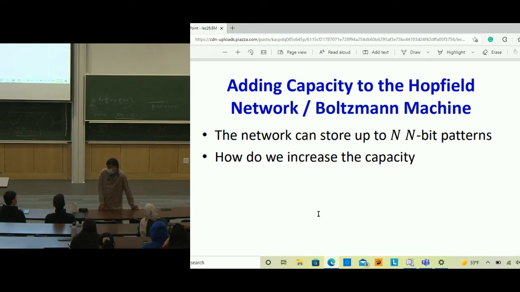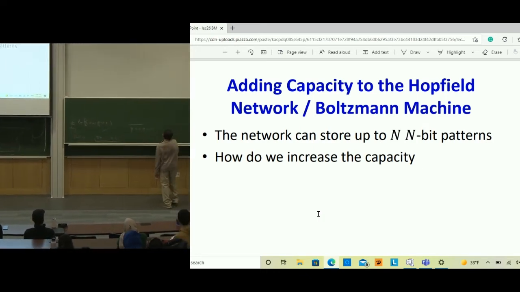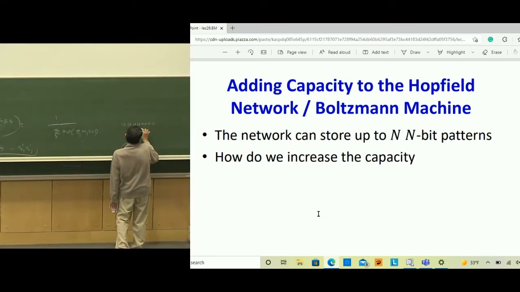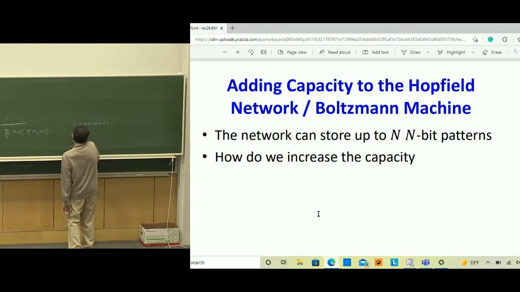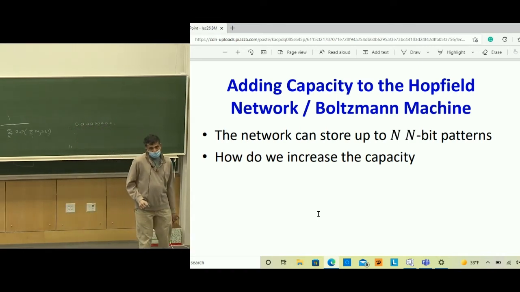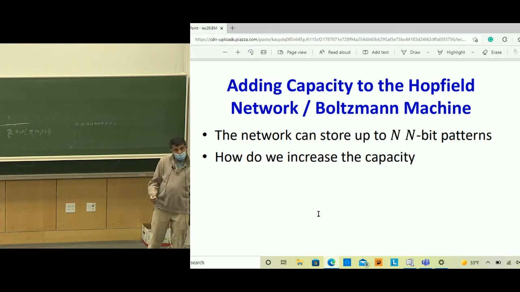Pardon me? I can just pad them with junk, right? So if I want to store 10-bit patterns, I have these 10-bit patterns, 4, 8, 10. I can store 10 of them if I have 10 neurons. But if I want to store 100 of them, I need 100 neurons, right?